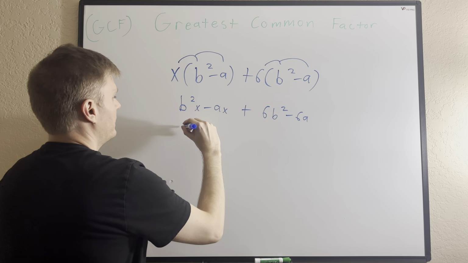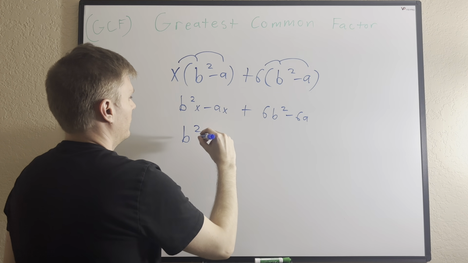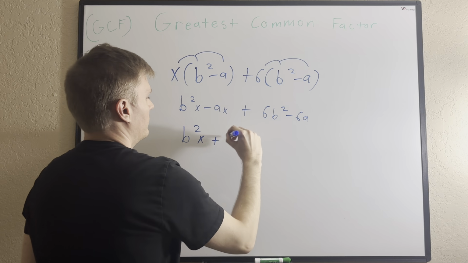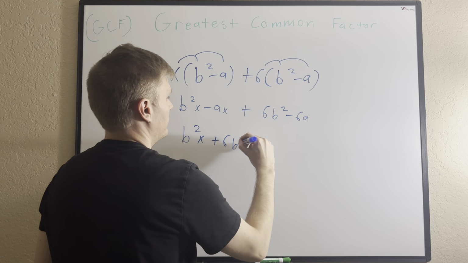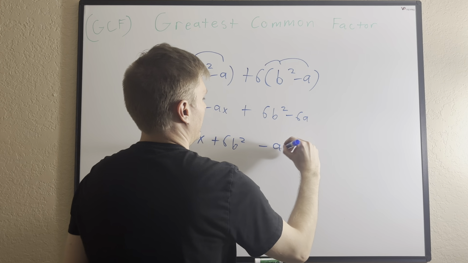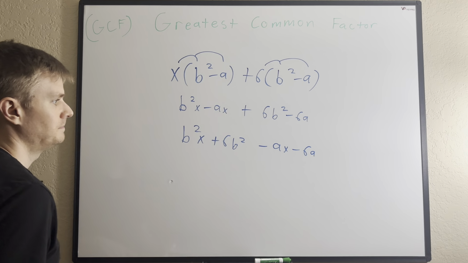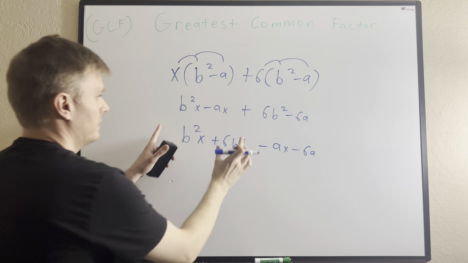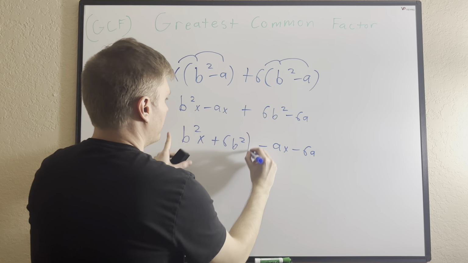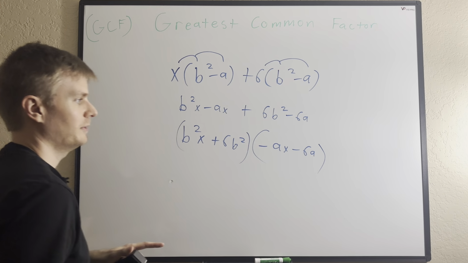Let's see what happens if we kind of mix it up a bit. B squared x plus 6b squared. See, I just kind of move this over here. Minus ax minus 6a. Now we can take this part, find the greatest common factor, and take this part and find the greatest common factor.